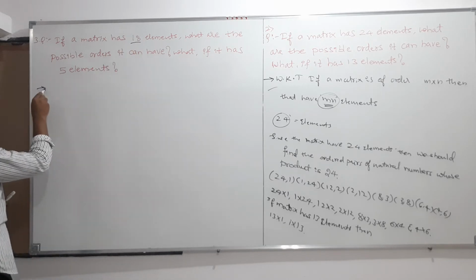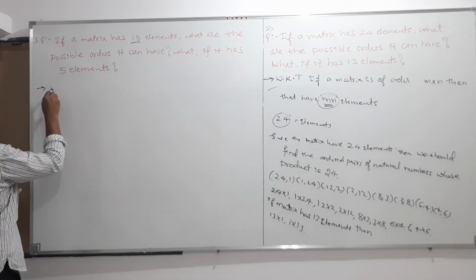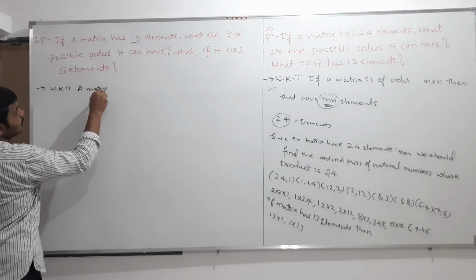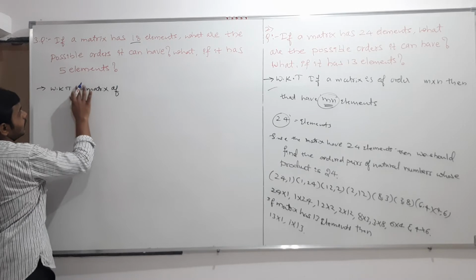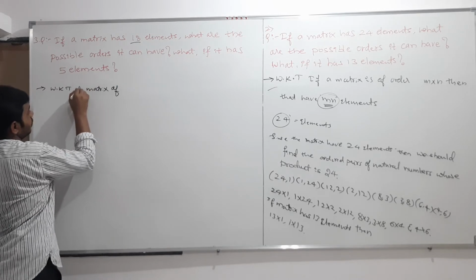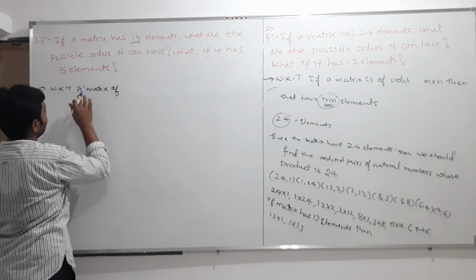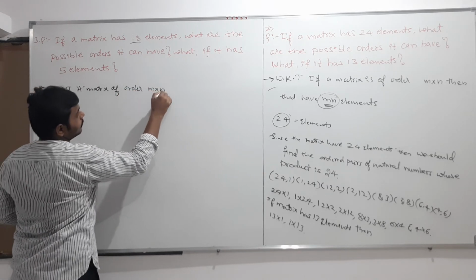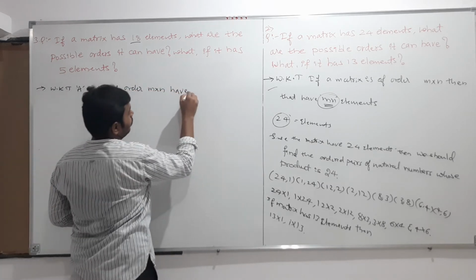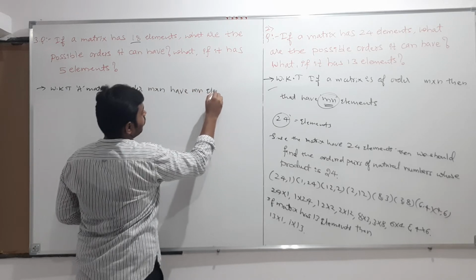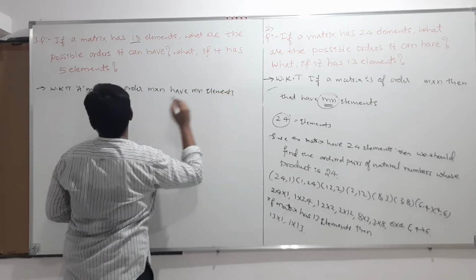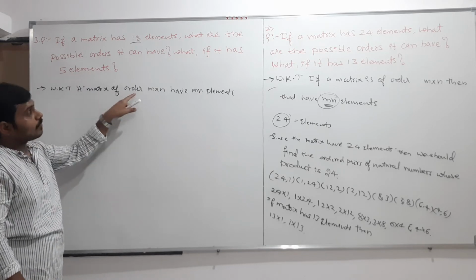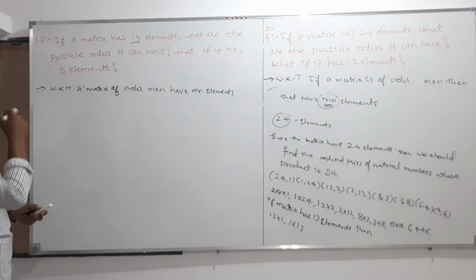So again, students, we know that a matrix of order m cross n has mn elements.